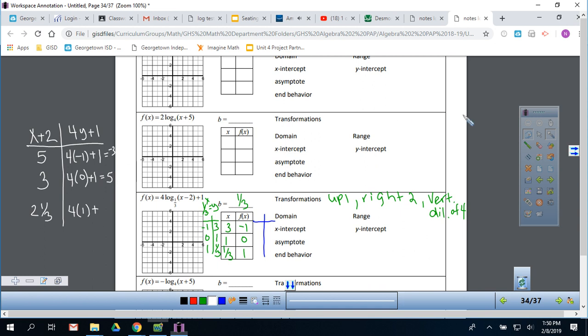Oh wait, hold on. I did some bad math. This one's 5.